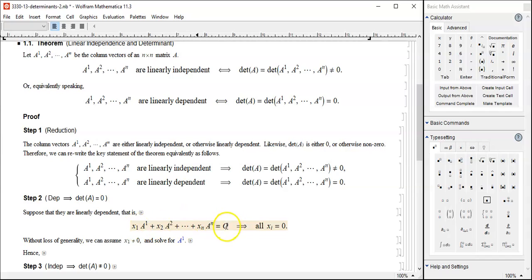If you have a linear combination equal to 0, then all xi are equal to 0. Now we are talking about linear dependence, right?